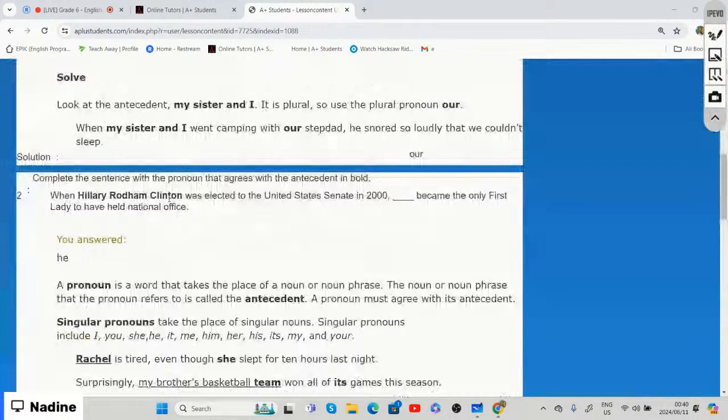All right. It says, when Hillary Rodham Clinton was elected to the United States Senate in 2000, she became the only first lady to have held national office. So we now need to select a pronoun that refers to Hillary Rodham Clinton.